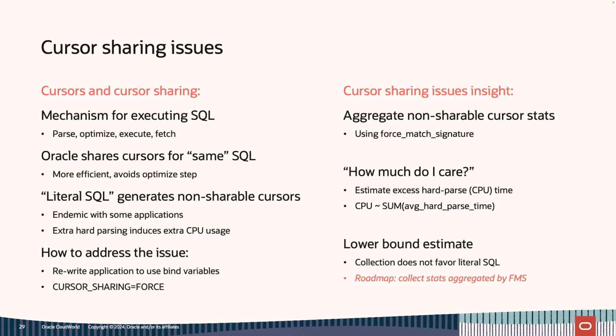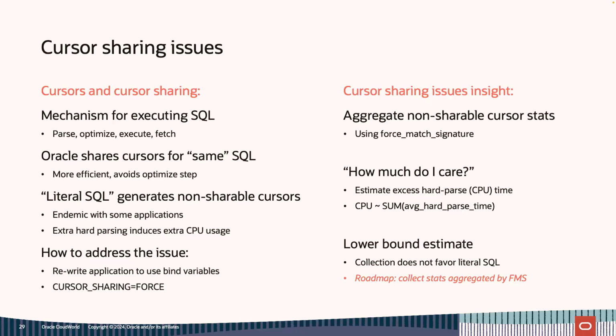How much I care is really how much CPU time am I wasting by doing all this unnecessary optimization, right? And so we try to estimate the excess hard parsing time. It's a little bit in the weeds, but in SQL stats, there's an average hard parse time column, and it tells you how long it took to hard parse the SQL statement.